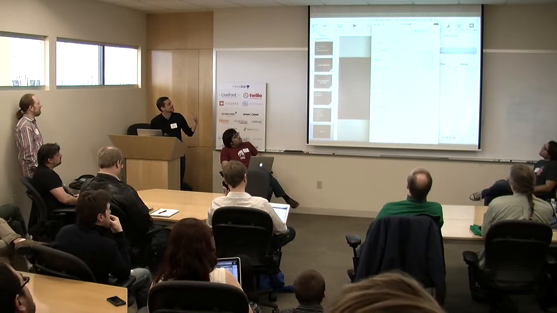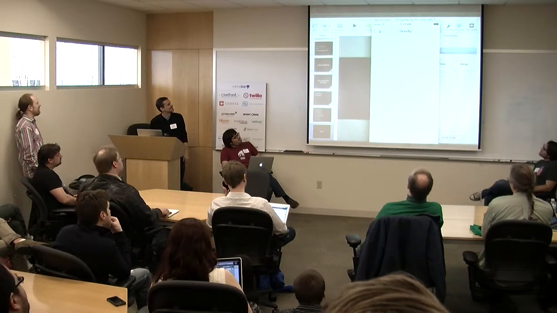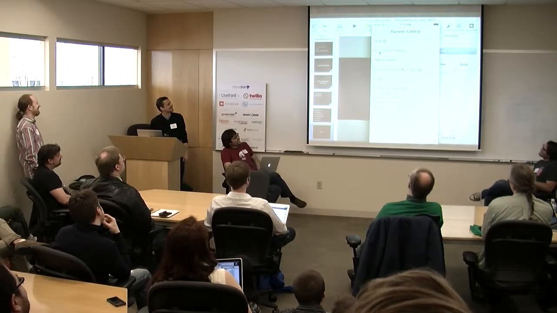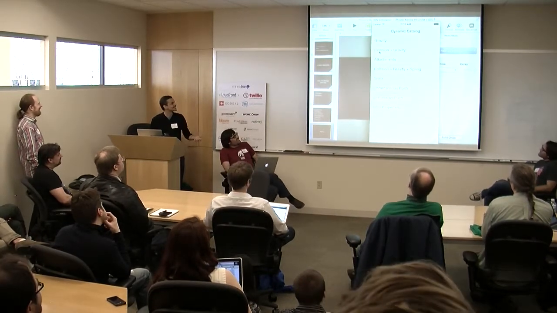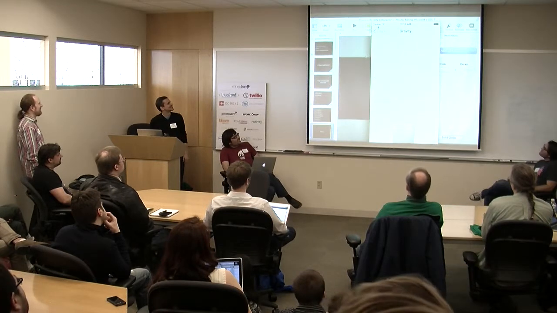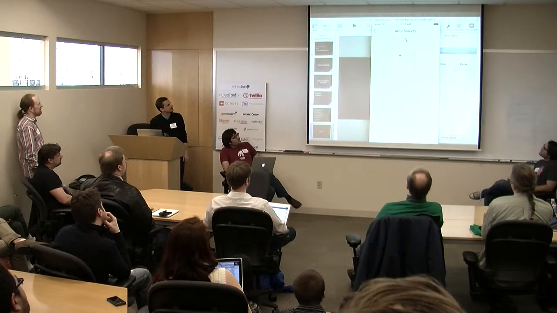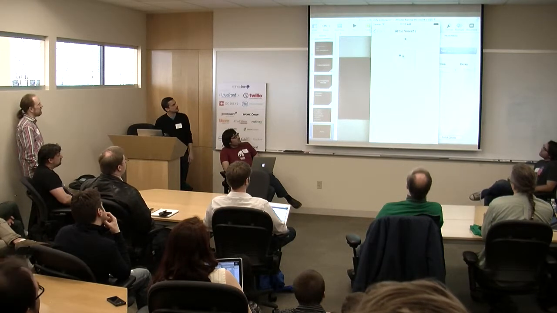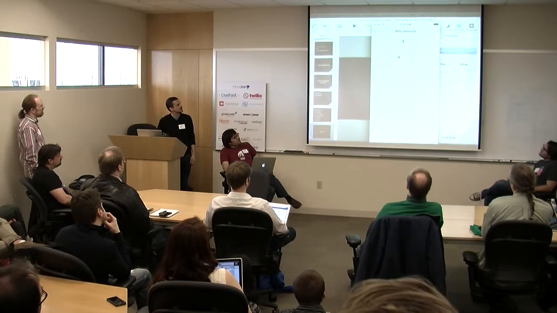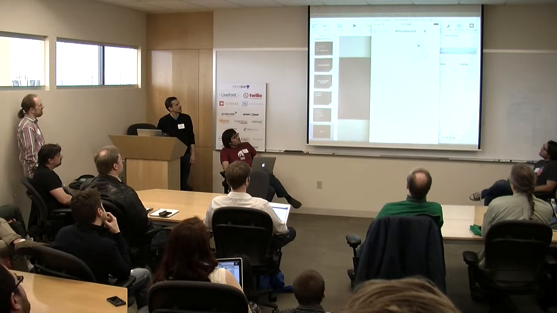So here's gravity. And here's collision and gravity. Attachments: this rectangle is attached to this blue point. So if we move this around, it drags that square based on the attachment point.